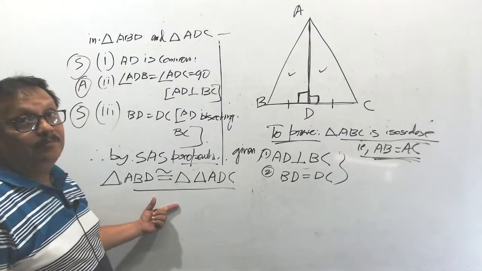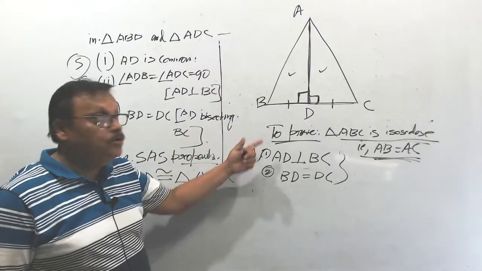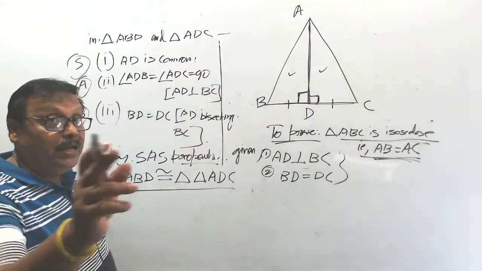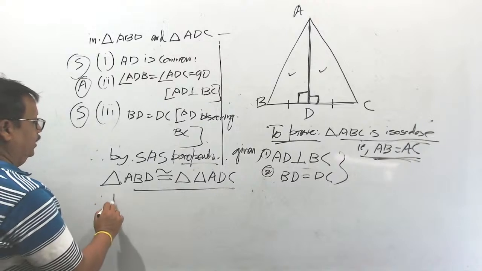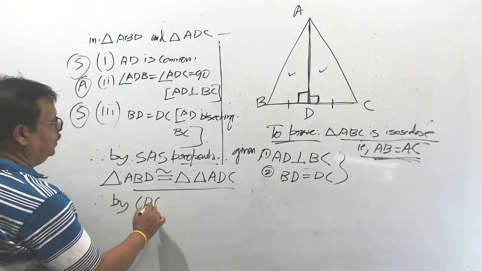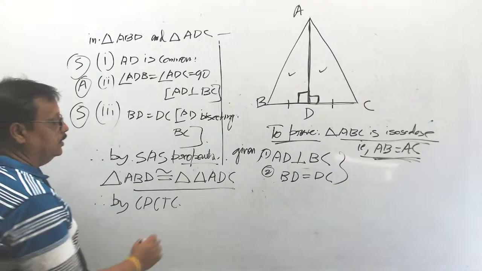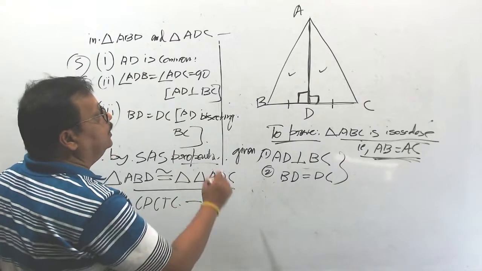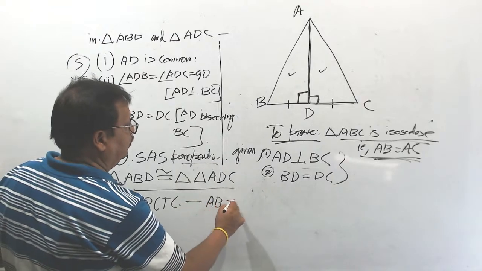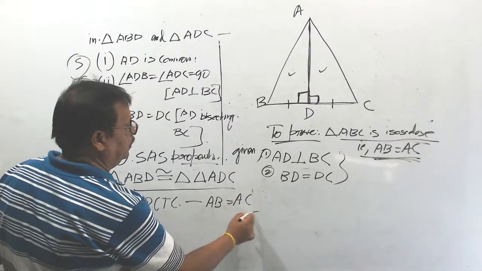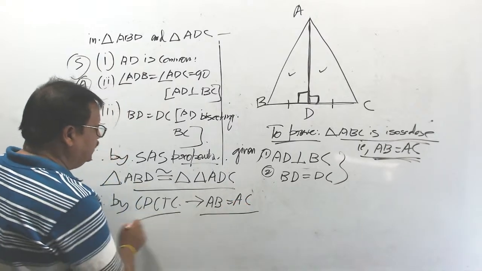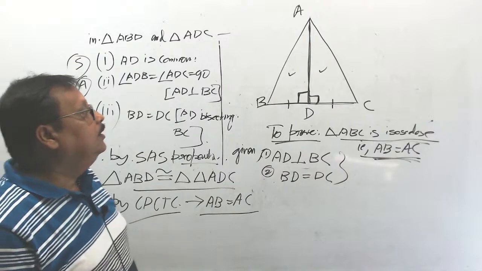After that, already proved these two triangles are congruent, by CPCTC you can tell AB is equal to AC.